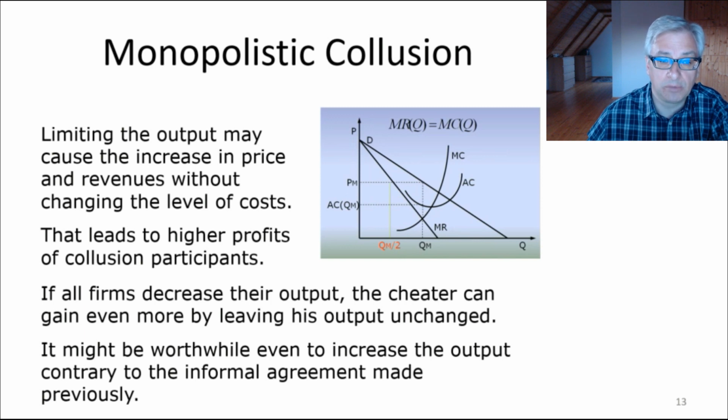Remember, in the monopolistic collusion, it is very tempting to cheat. I mean, if we make collusion and we make the kind of agreement that we will limit our output to push the price up, then it may be pretty tempting for me not to decrease my output, and benefit from your reduction of the output, in the sense that by decreasing your output, you will push the price up and I will not change my output and I will get additional money from that.